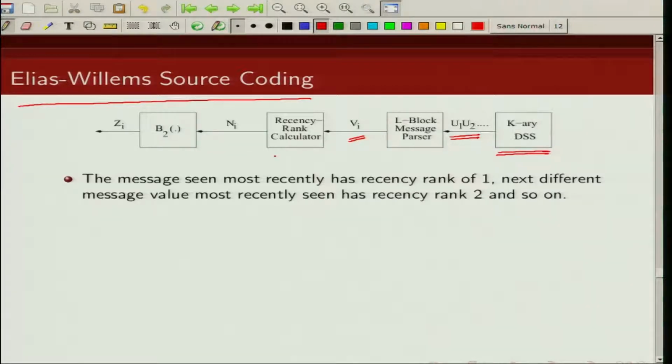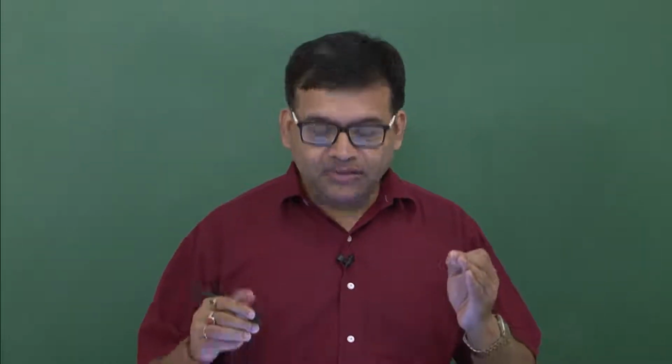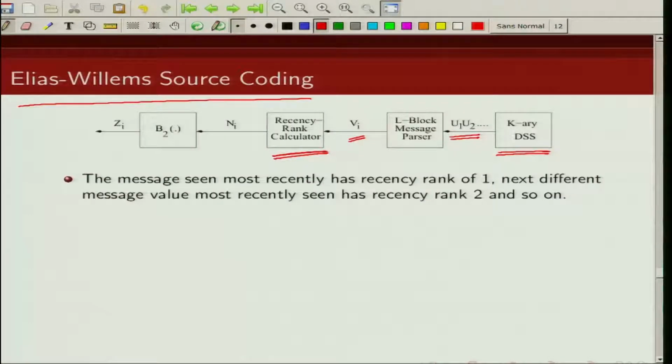Now we will just mention what we mean by recency rank calculator. If you recall, since this is a discrete stationary source, the block to variable length encoding should exploit the inherent memory of the source, and that will be exploited by this recency rank calculator.